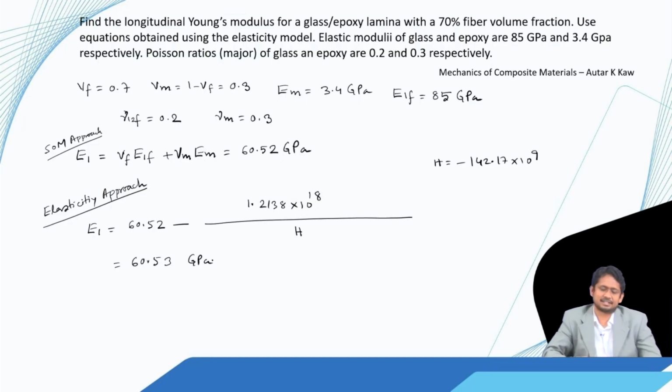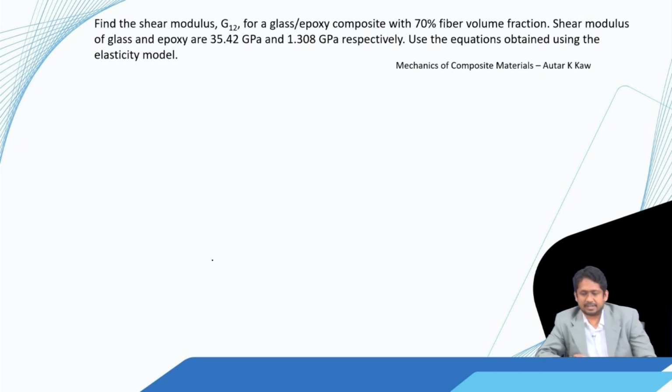So, this tells us that the strength of material based approach is quite accurate compared to what we get from the elasticity based approach. Now, the next problem is a similar problem, but we have to find out shear modulus here.